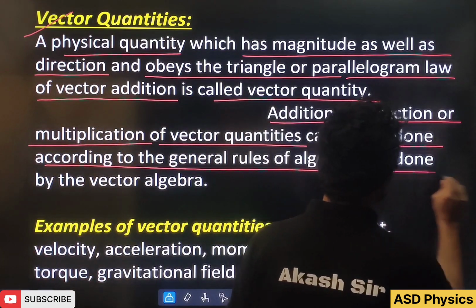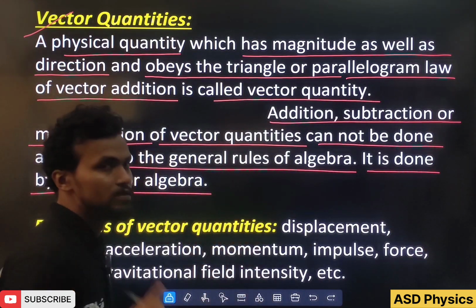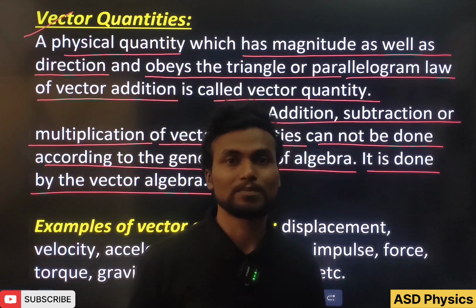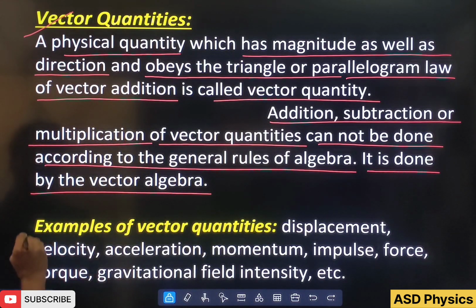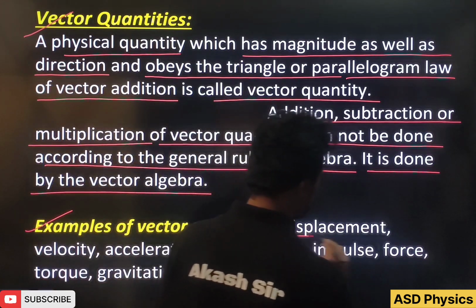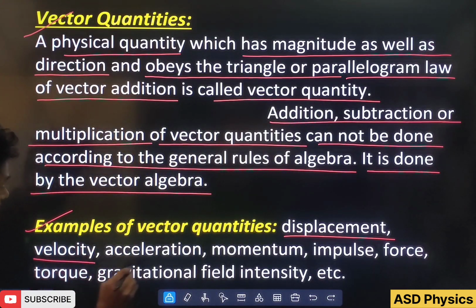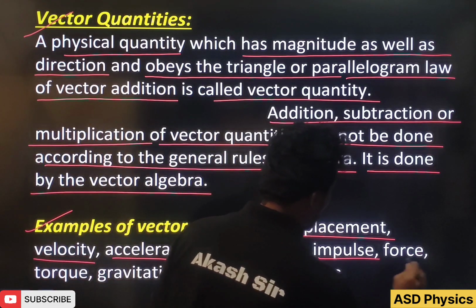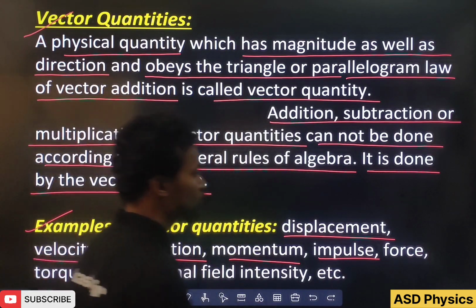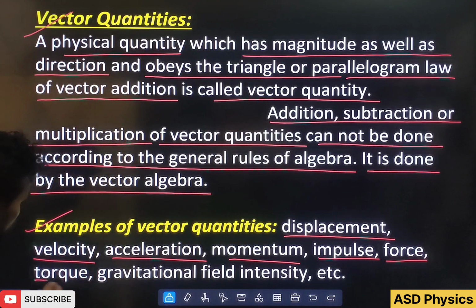It is done by vector algebra, and we will learn one by one how to do vector addition, subtraction, multiplication, and how many kinds of products there are. Now, examples of vector quantities: displacement, velocity, acceleration, momentum, whether linear momentum or angular momentum, impulse, linear impulse, angular impulse, whatever kind of impulse, force, very common, torque, gravitational field intensity, etc. So vector quantities have magnitude and direction, and should follow the triangle law of vector addition, or we can say the parallelogram law also.